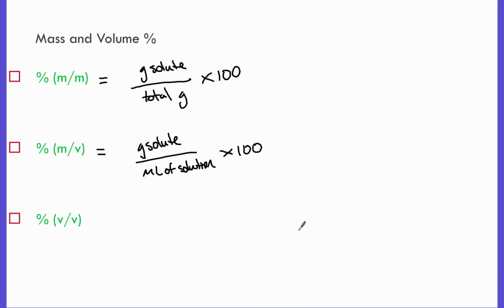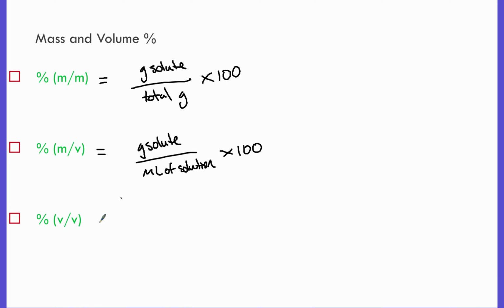So I don't have to do a whole lot of math. In this case, if I told you that you have a 5% solution mass volume, that literally just means you have 5 grams dissolved in 100 milliliters because that'd be the simplest calculation you could do, right? You actually kind of want to make that volume some power of 10 so that you don't need a calculator to do these things, right?